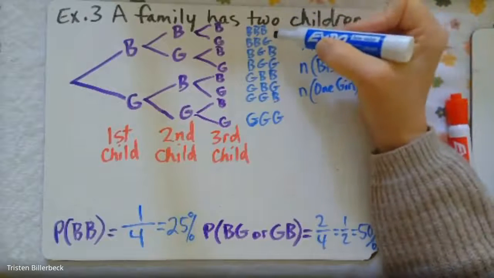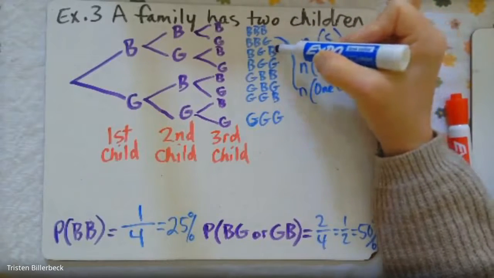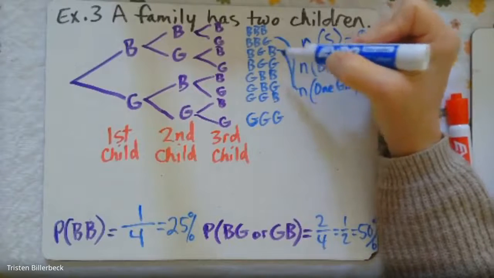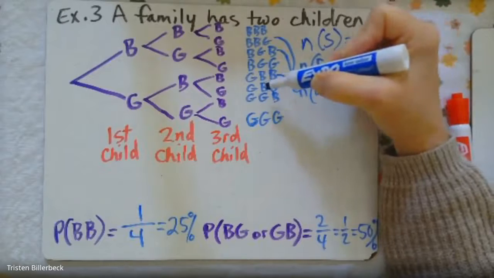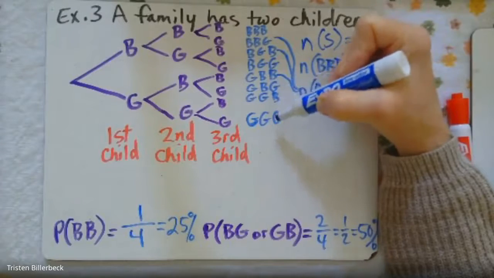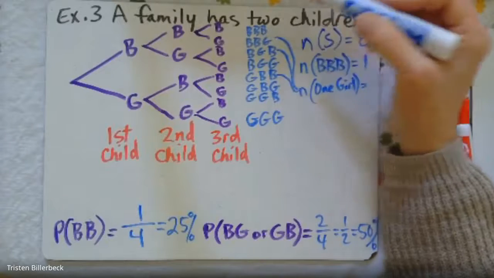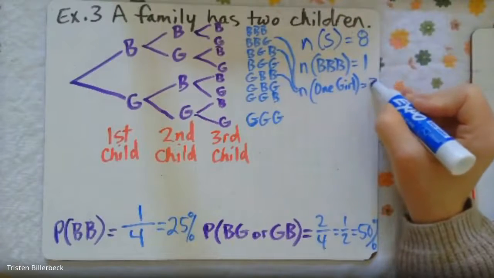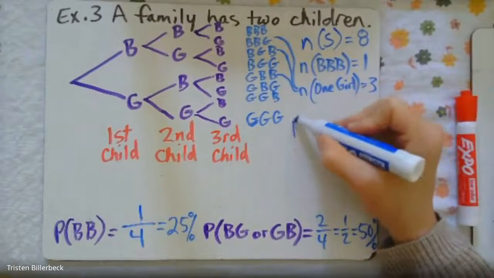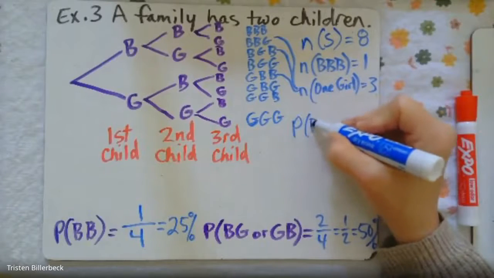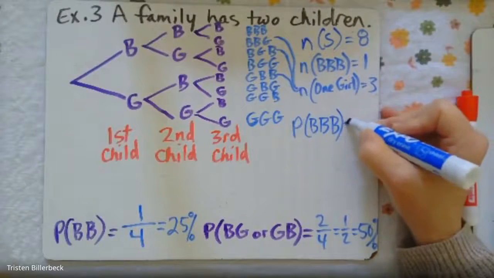But what about the number of outcomes that are with just one girl? So if we have only one girl, that would be this one, that one, and are there any more? That's it. So we have 3 outcomes with just one girl. So in this case, our probability of BBB is not very likely.